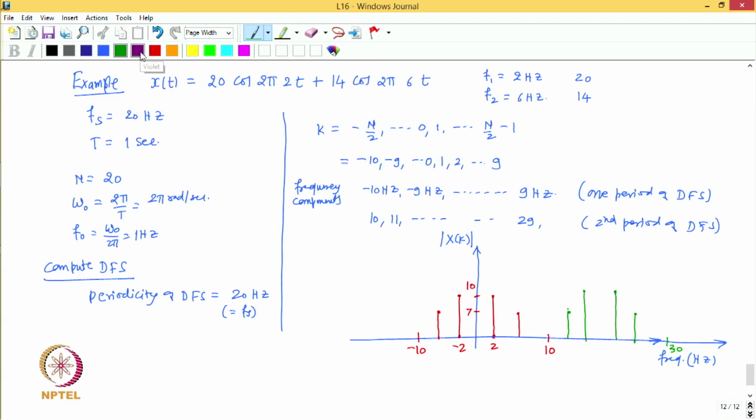Similarly on this side also it will repeat, like this. So this is essentially one period of the DFS, and this basically repeats.